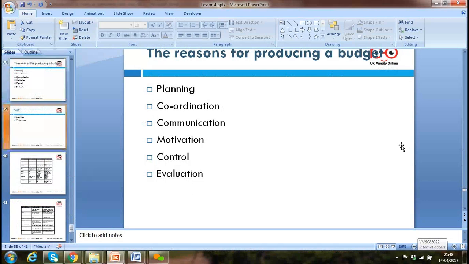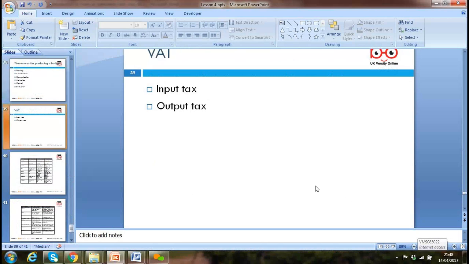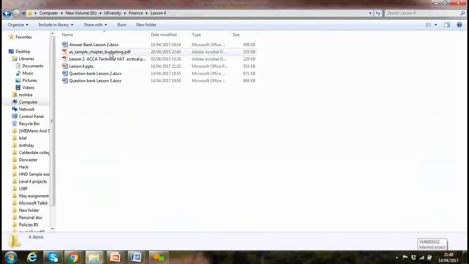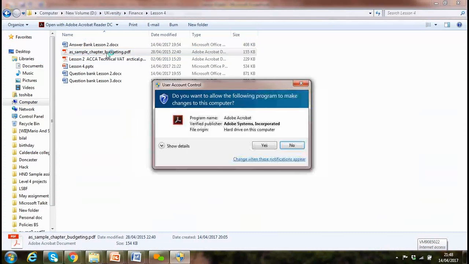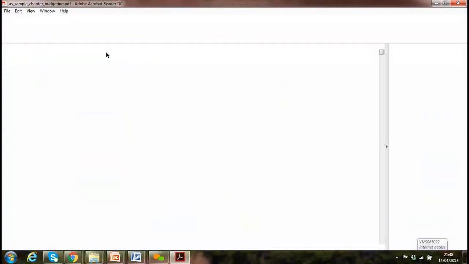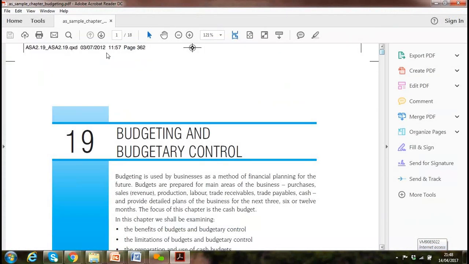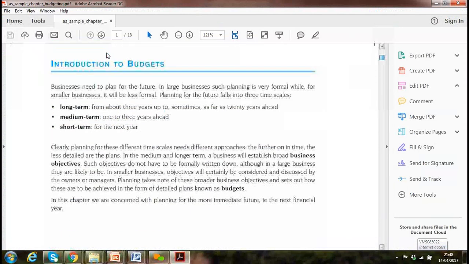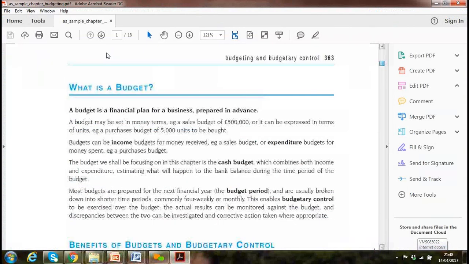No questions. Okay. Next, we are looking at the VAT. What is meant by VAT? Value-added tax. Okay. Before going next, I'll just show you the chapter of the book, which is good to read. So please do your background reading about budget and budgetary control, because one of your learning outcomes is about budgetary control and revenue management.